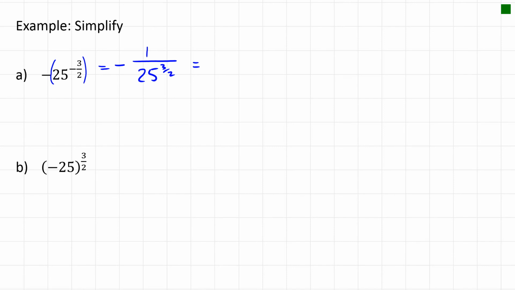And then from here, I could write that as negative 1 over the square root of 25, cubed. I'm going to do that instead of 25 cubed then square rooted, because I know that the square root of 25 is equal to 5. So this is negative 1 over 5 cubed, which is negative 1 over 125.